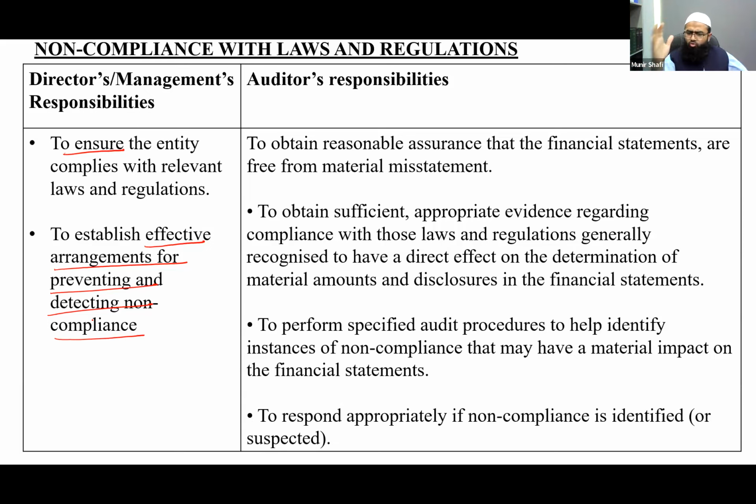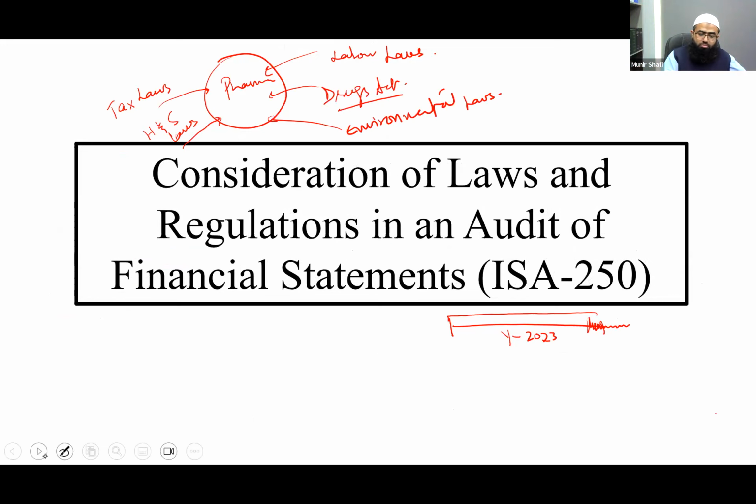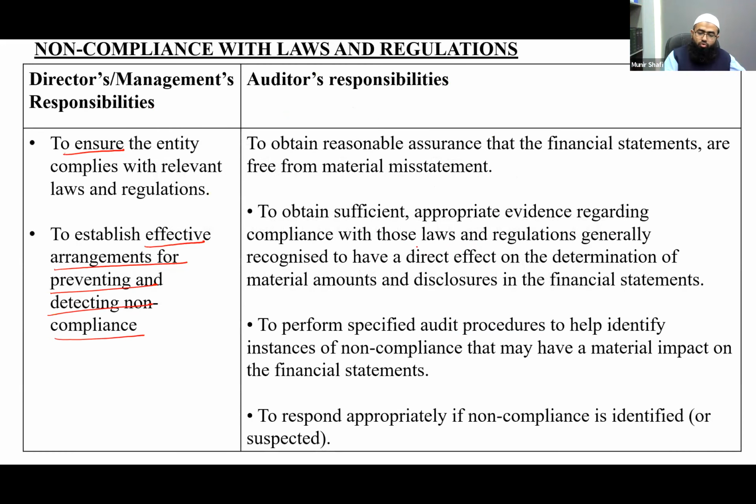What else is the objective? To obtain sufficient and appropriate audit evidence regarding compliance with those laws and regulations. This is very important, though, those laws and regulations which are recognized to have direct effect on the material amount and disclosure of the financial statements.